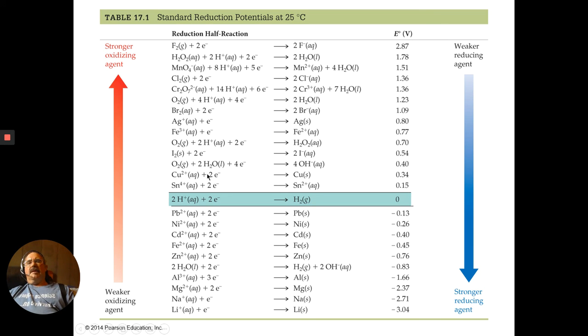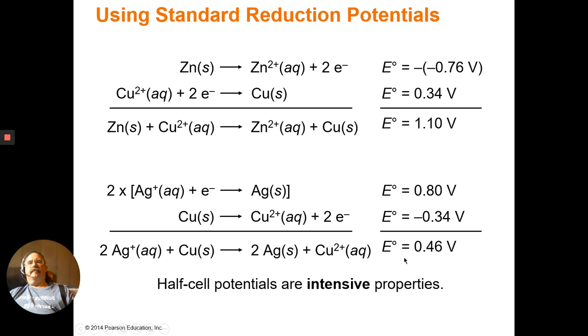The one that is higher up will be the spontaneous reduction, and then the other one down below will have to be an oxidation. So we'll have to flip this reaction and change the sign for the spontaneous reaction. That's why it's negative, negative. If we add these together, we get 1.10 volts.